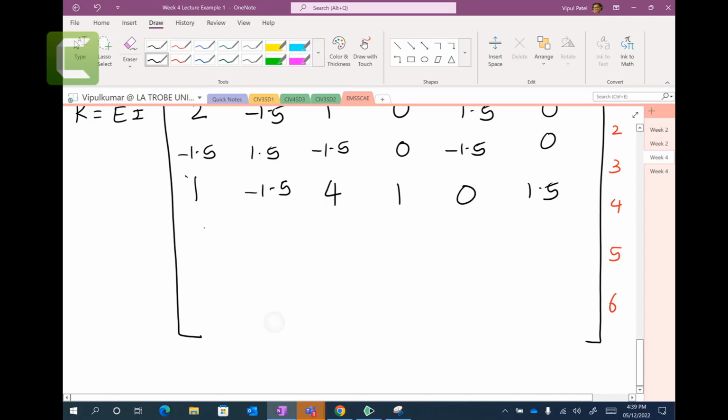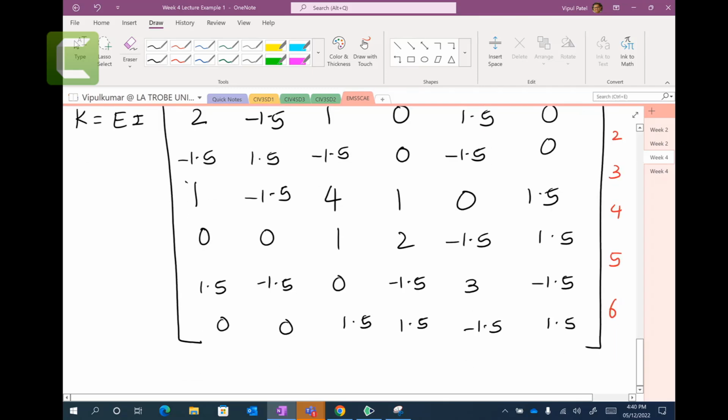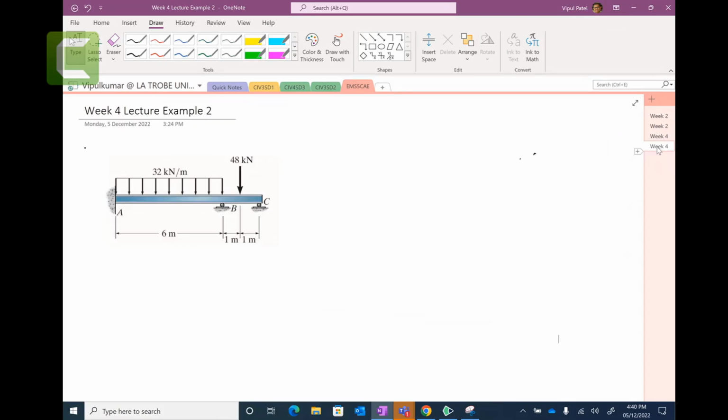Column 4, 0, 0, 1, 2, minus 1.5, 1.5, 1.5, minus 1.5, 0, minus 1.5, 3, minus 1.5, 0, 0, 1.5, 1.5, minus 1.5, and 1.5. I hope you understand that. Let me know if you have any questions. So this is the one.